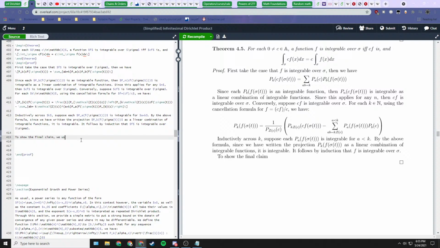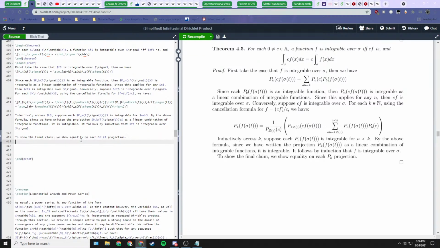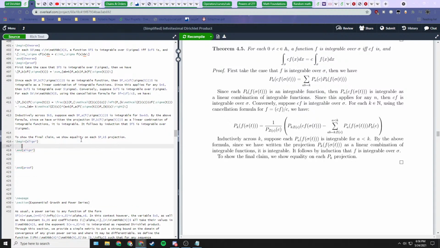So we use, we're just going to show equality on each piece of K projection. I'll have to put this in a line.